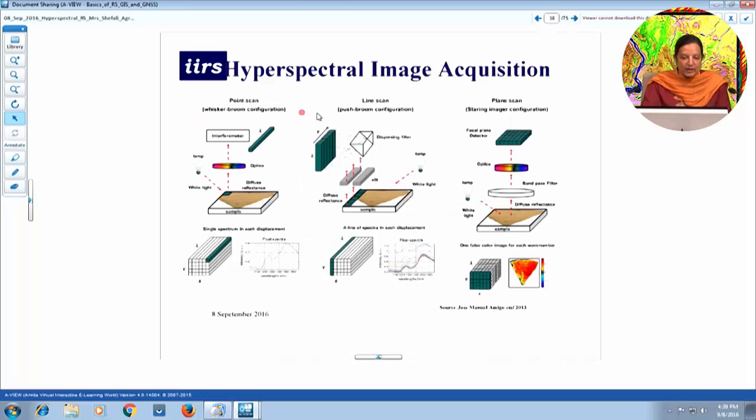So these are the three acquisition mechanisms for hyperspectral sensors: point scan mode, line scan mode and plane scan. Similar to multispectral, we can say this is whisk broom, push broom and area scanner. Line by line the pixel is observed, falls on the optics where you have the dispersing element which disperses the energy into different wavelengths and they are measured.